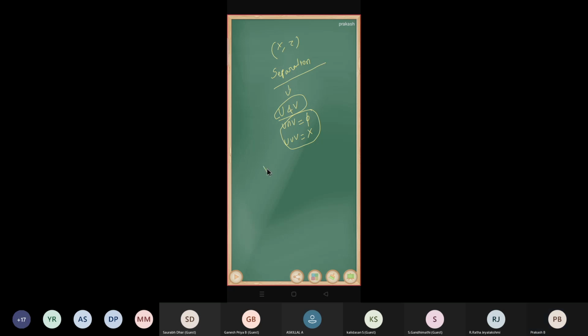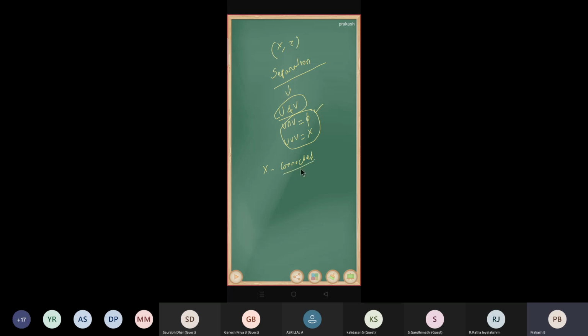So a space X is called connected if it has no separation, right? That means you cannot find a pair U and V having this condition, right? So this is the definition of a connected set.